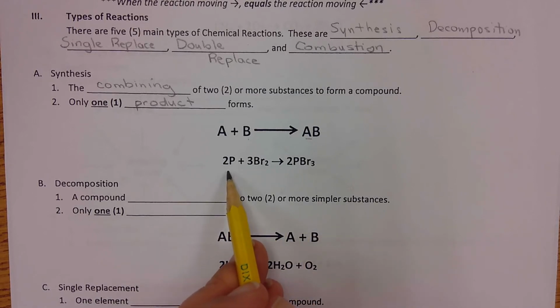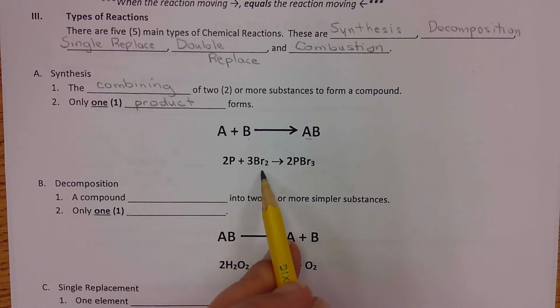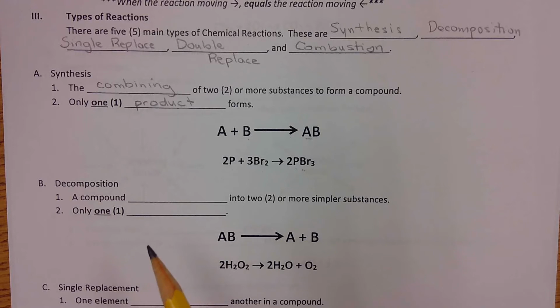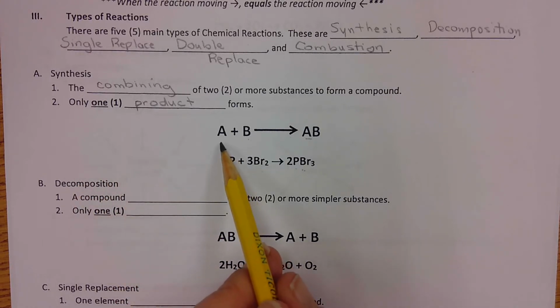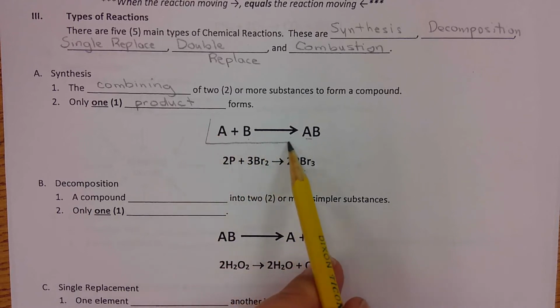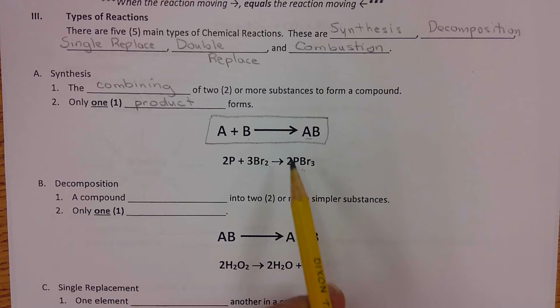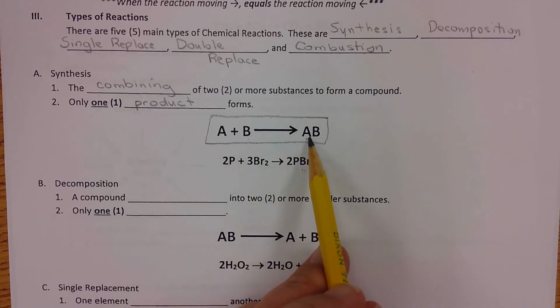So here's an example of phosphorus and bromine combining to create phosphorus tribromide, I guess is how that would be called. So that is synthesis. These little sample things will be very helpful for you. Two things combining to form one.